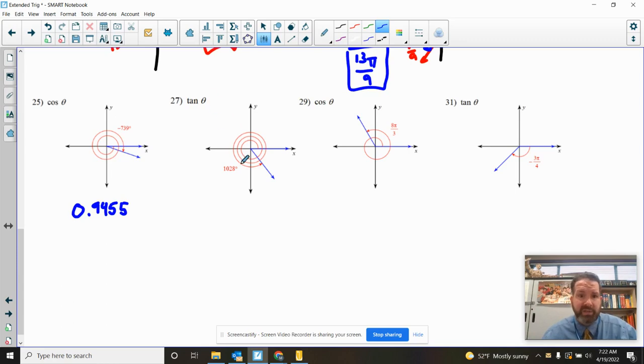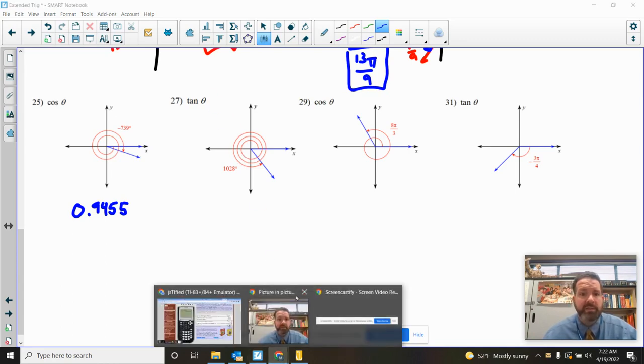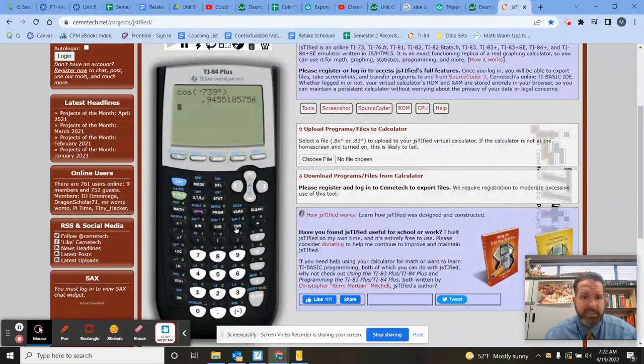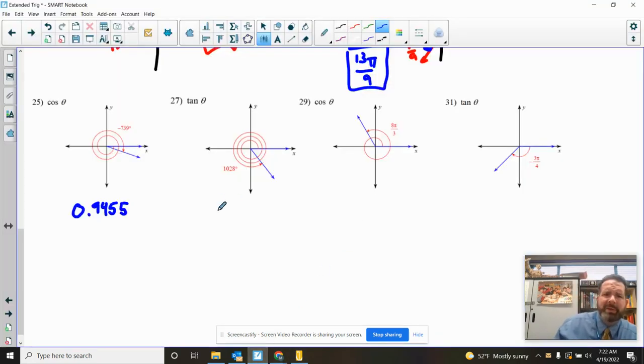Now, tangent of 1028. I've got to remember to put the degree symbol on, so second apps 1. Ends up being negative 1.2799. Now, we didn't talk about tangent, but just know tangent's a little bit different.